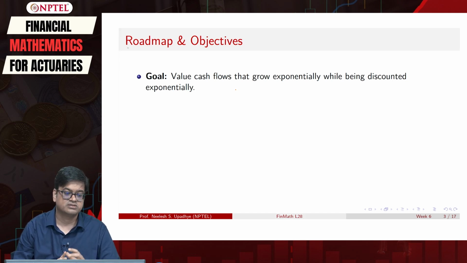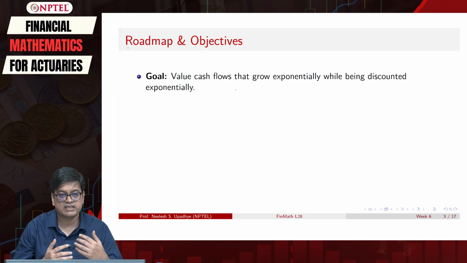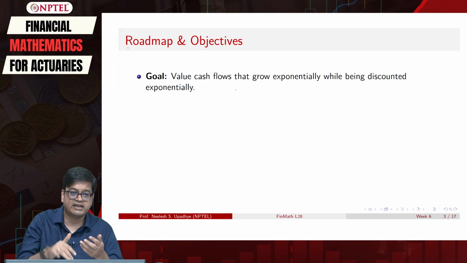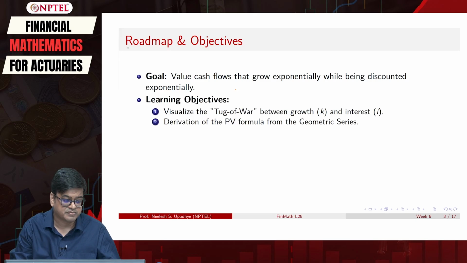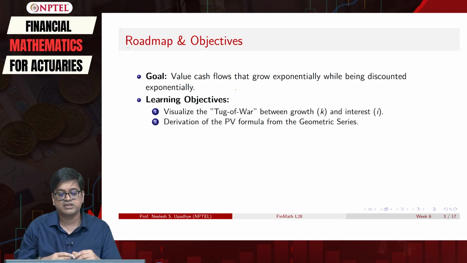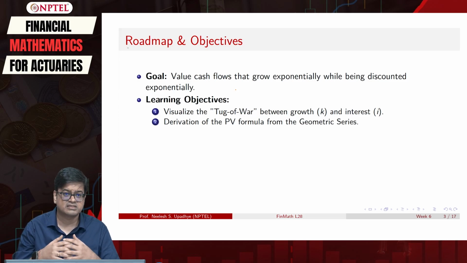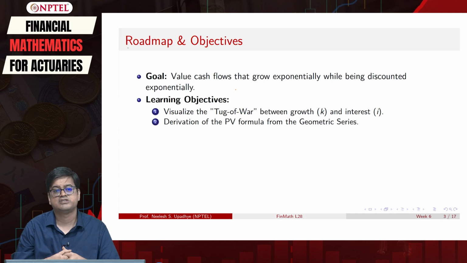Your cash flows are growing exponentially and getting discounted by some other factor, which is essentially the interest rate. So, we need to visualize this tug of war between the growth and the interest. Once we understand this visually, we are in a position, as usual, to derive the present value calculation for this tug of war, for which we will use the tool of geometric series.